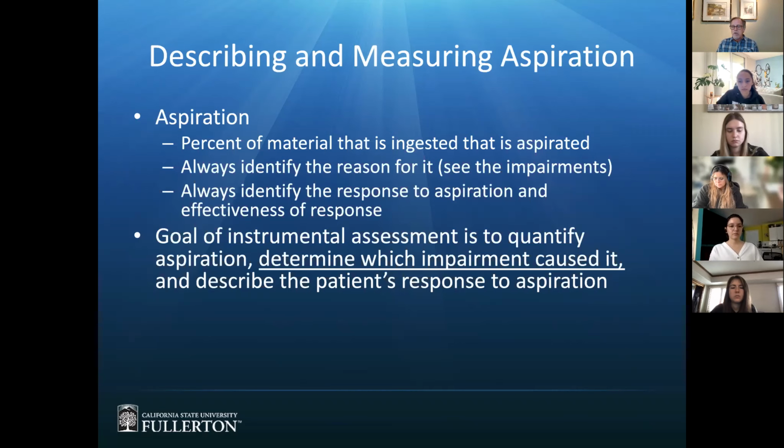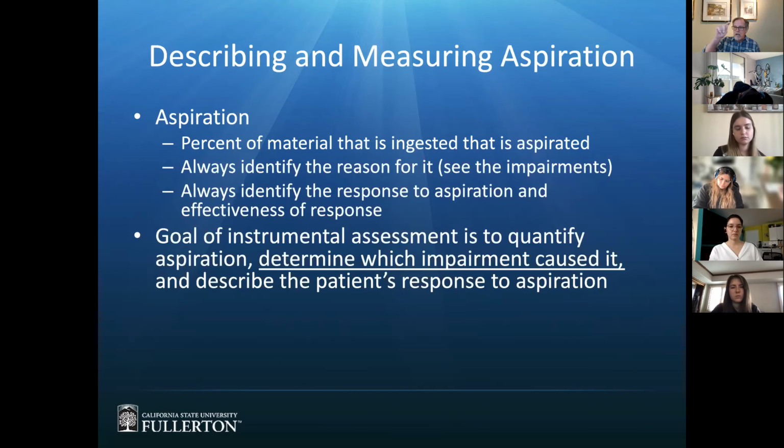The way you do it with an MBS is, first of all, you'll see it happen. You'll see what impairments cause it, and you can then quantify it. The way we quantify it is we look at the material as they hold it in their mouths. There's a program that allows you to count the pixels.